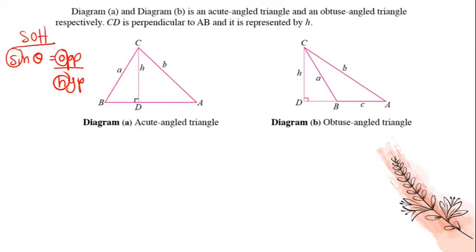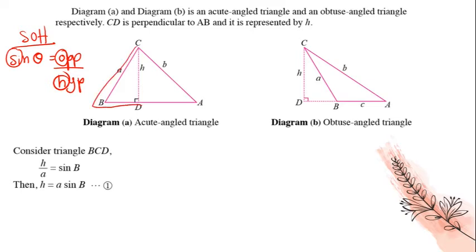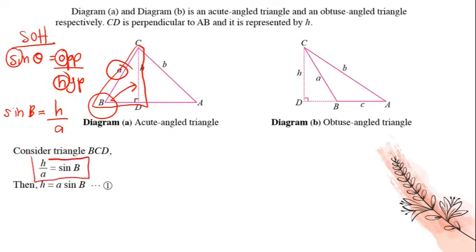Refer to triangle BCD, for vertex B. Sine B is equal to the opposite side of B, which is H, over the hypotenuse, the longest side of the triangle, which is A. So H over A is equal to sine B. Making H the subject, H is equal to A sine B. This is equation number 1.